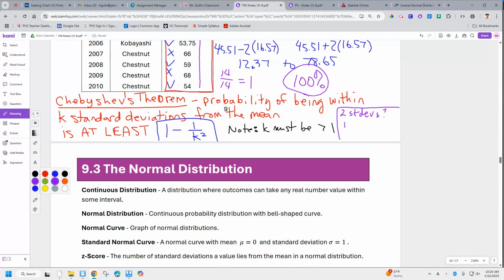I'm going to say 1 minus 1 over K squared, where K is the number of standard deviations, 2. That's 1 minus 1/4, which is 3/4, or 75%, 0.75. So the probability of being within 2 standard deviations is at least 0.75.